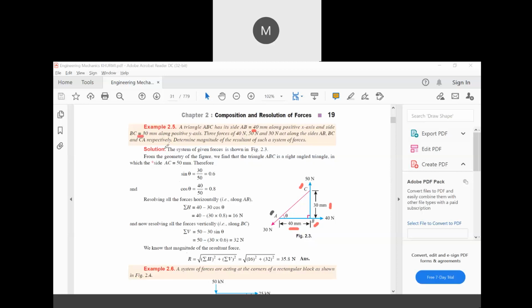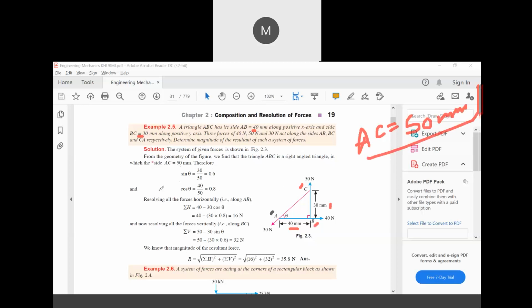Now, from the Pythagoras theorem, you can find that AC will be equal to 50 mm. Okay? AC will be equal to 50 mm.